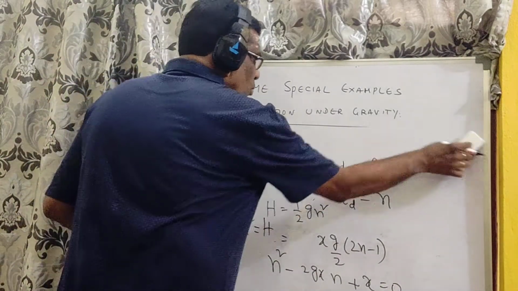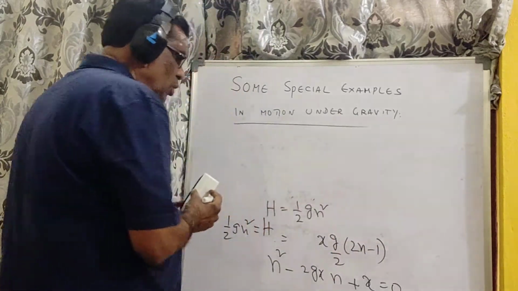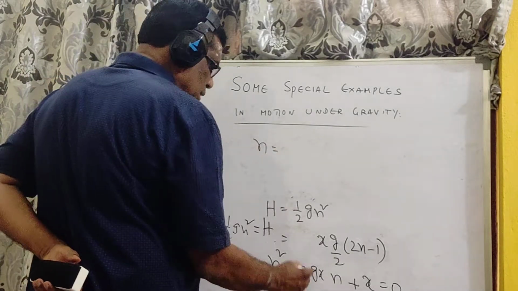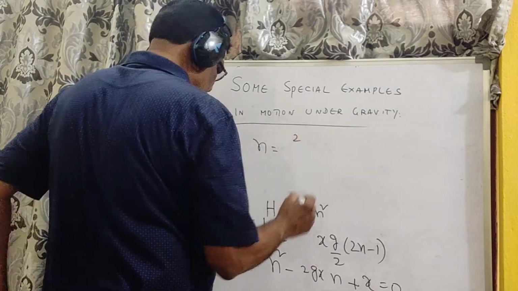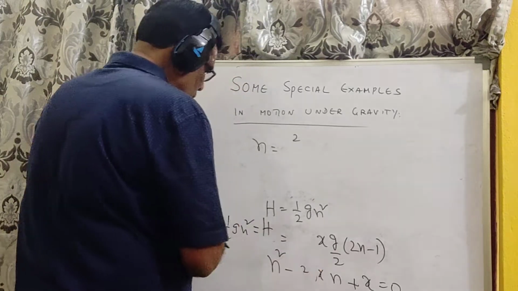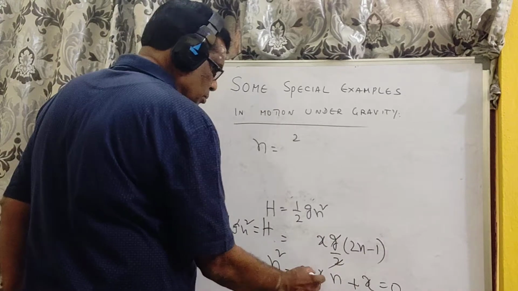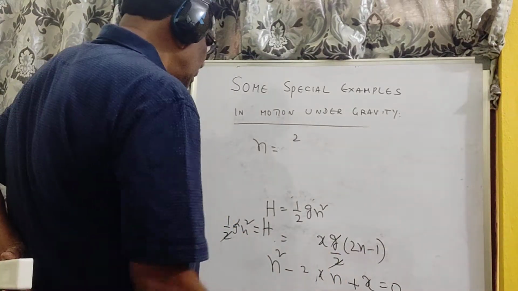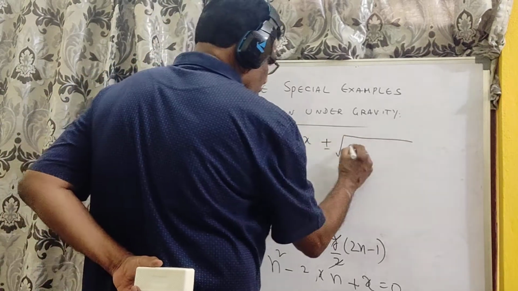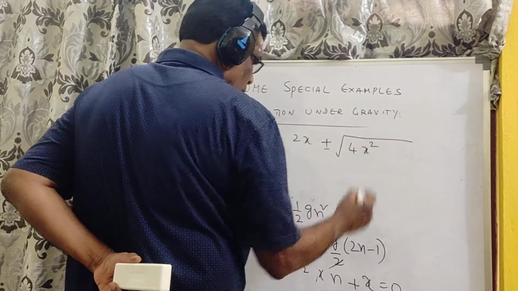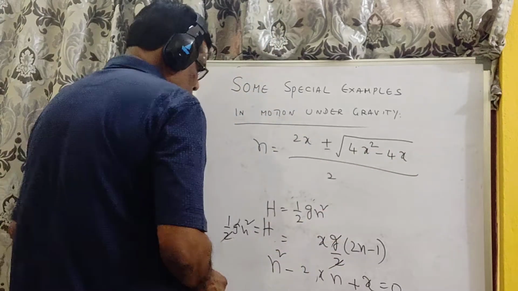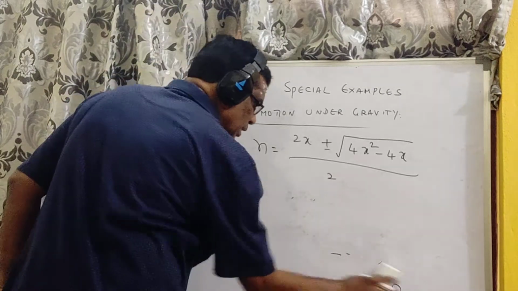You write the known expression, n is equal to minus b, here, sorry, g won't be there because g by 2 got cancelled. So you get minus b, that is 2x, plus or minus the root of b square minus 4ac, by 2a.